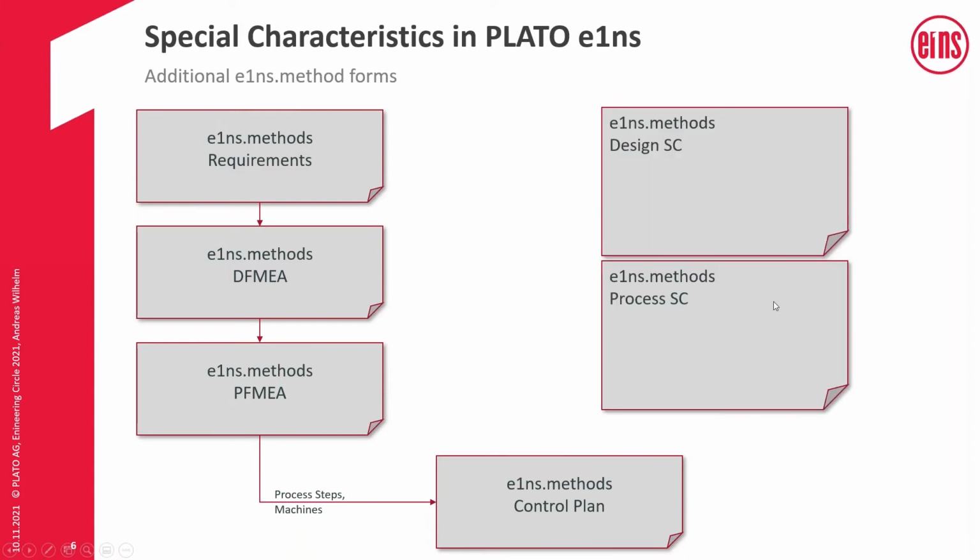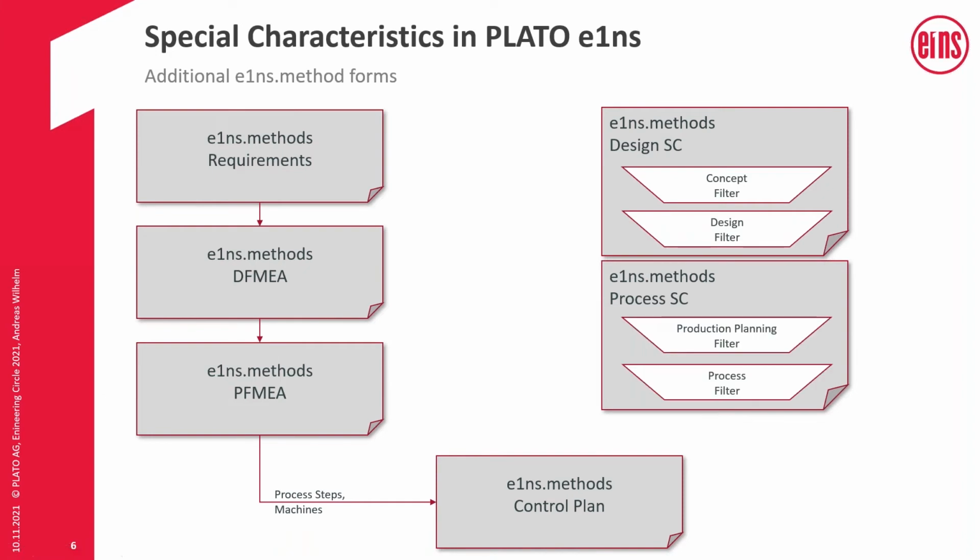Therefore, we added in 1ns methods a new form sheet called design SC and a form sheet called process SC. These method forms contain these filters. So now we don't need to have the direct connection between the module, the methods, and the control plan.